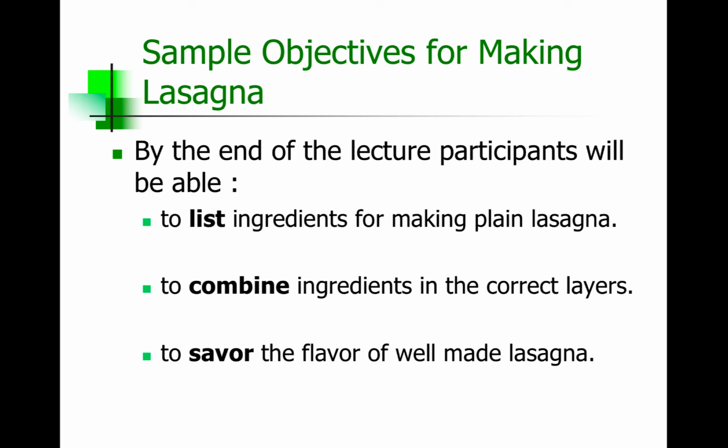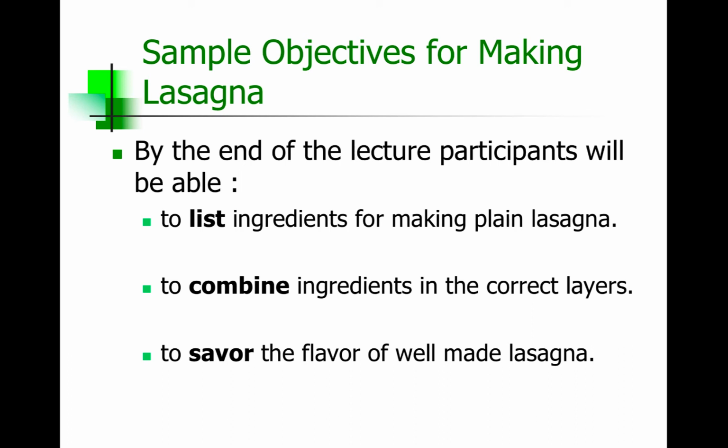By the end of the lecture is timely. You want them to list the ingredients, so you're very specific on what they should be able to do, and you want them to list all of the ingredients, so that makes it measurable. And that would be a good example of a cognitive domain learning objective.